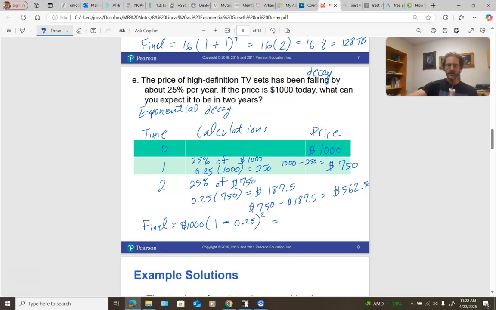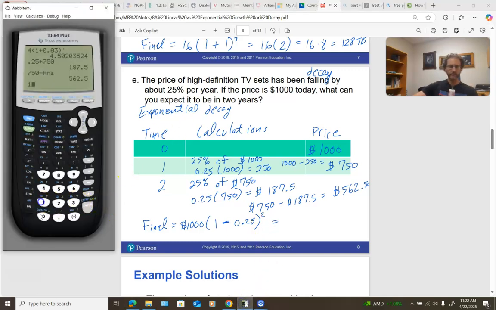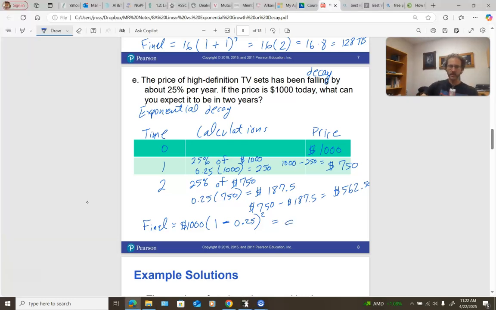So for this, guys, just plug it all in the calculator exactly the way it's written. 1,000 times, in parentheses, 1 minus 0.25, close those parentheses, and then raise this to the second power. Hit enter, and we get the same thing, don't we? $562.50.